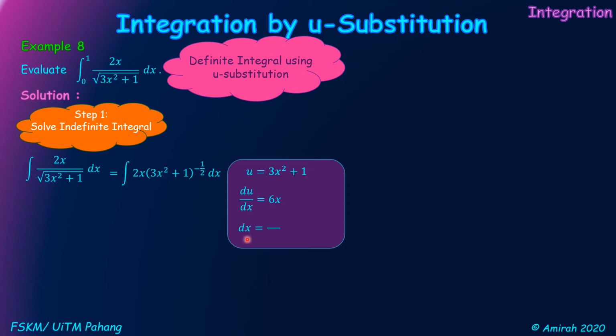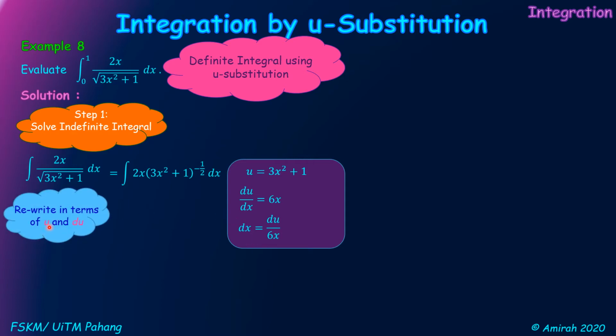After that, we write dx as the subject, which equals du over 6x. We just cross multiply. Under U-substitution, after we identify u, we find du over dx, and then write dx as the subject.